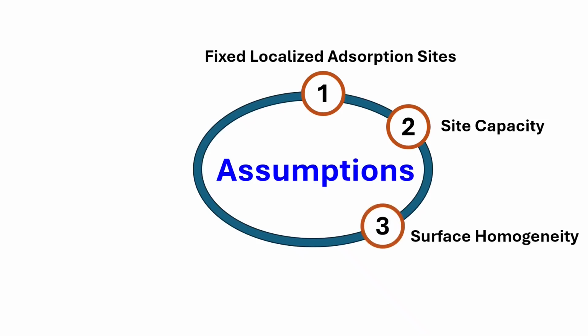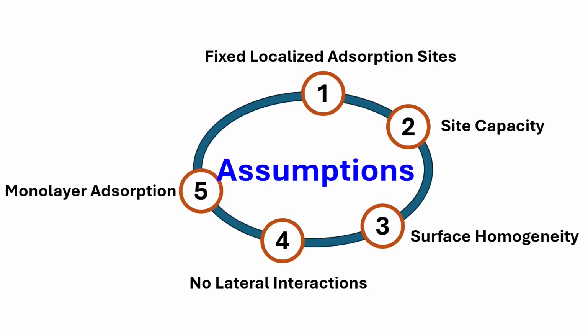Surface homogeneity and equivalent sites, that is, the surface is energetically uniform, indicating all vacant sites have similar affinity for the adsorbate. No lateral interactions, that is, no interactions between adjacent adsorbed molecules exist. That is, the ability of a molecule to bind to a specific site is completely independent of whether neighboring sites are occupied.